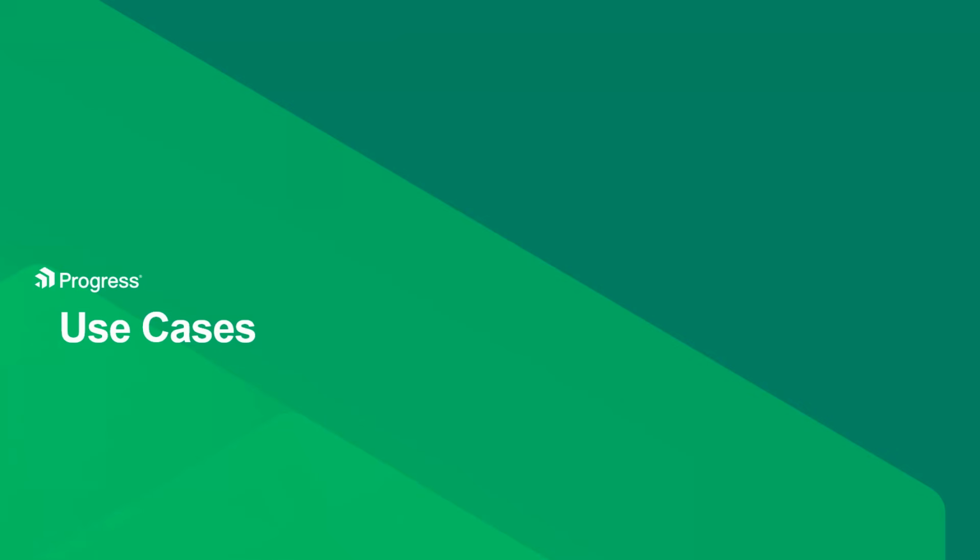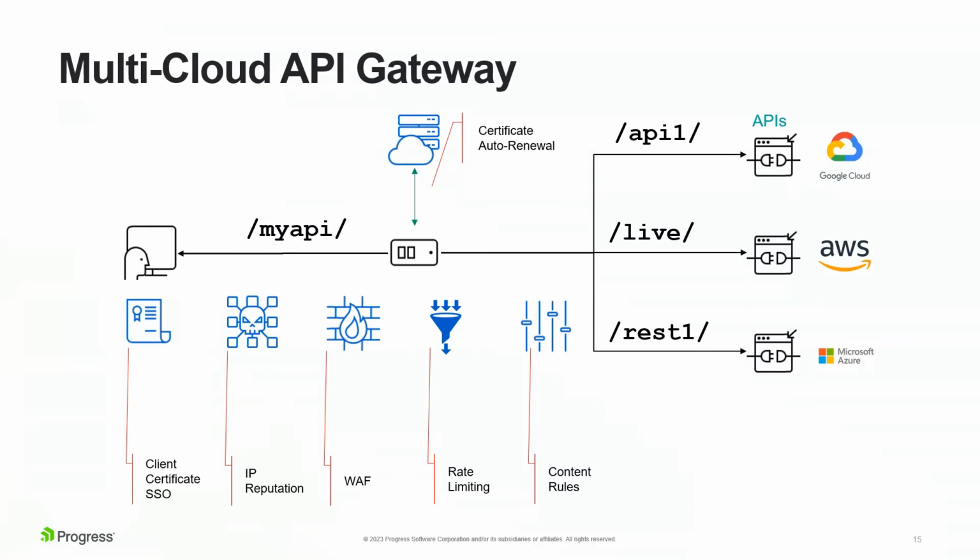So I'm just going to pop into some of the use cases now, just to give you an idea of how all of this hangs together. So here we have a multi-cloud API gateway. This is where you have some services that are being delivered via an API. They're hosted on different clouds.